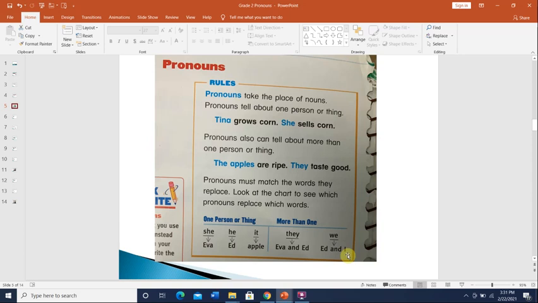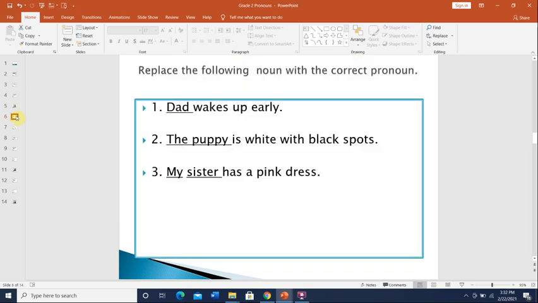If I talk about two or more people that I'm not with, I use they. So we use they for plural people, more than one person or more than one thing. We use we when it's with somebody and I. If I say the students and I, I can replace it with we. Okay, let's do some practice.